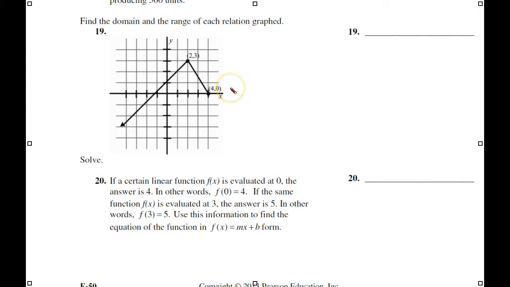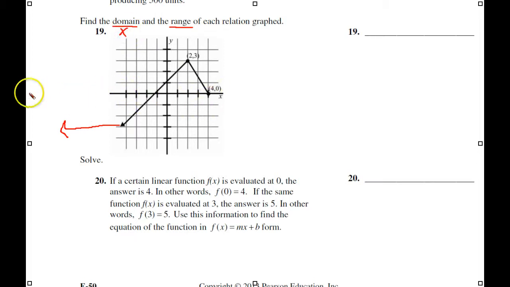In this example, they're asking you now to find the domain and the range of each relation graphed. All right, so there's the graph. Now this is going on in this direction. And again, our x's are the domain.